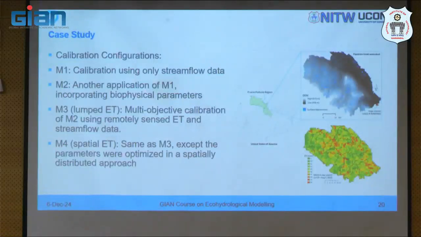So basically, you are increasing the complexity. The number of parameters here was 21, that became 31. Then you added another variable, so your optimization complexity kept on increasing. And here M3 was having a single ET value for the entire watershed, whereas in M4 individual subbasins had one ET value. Okay?